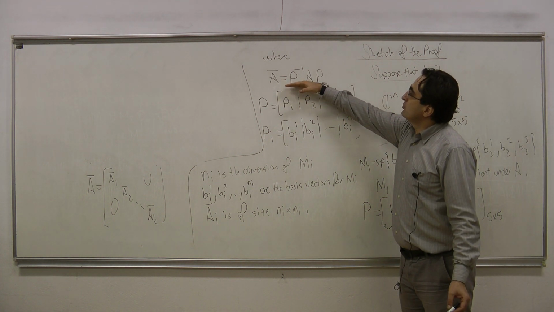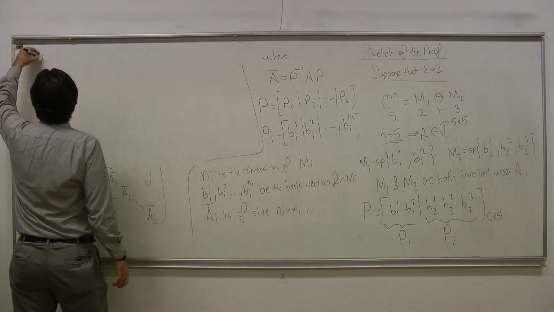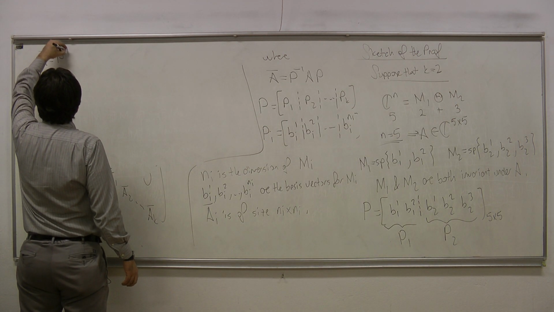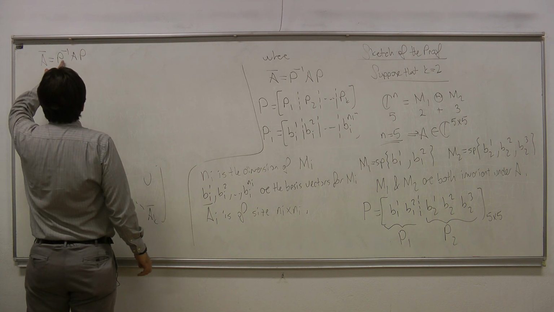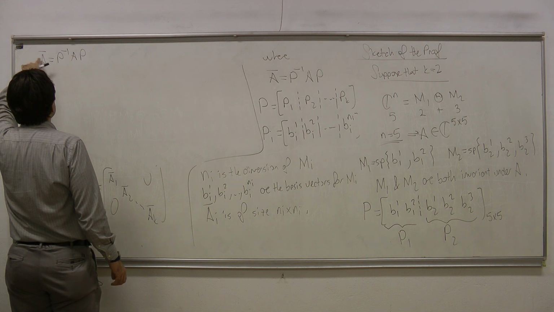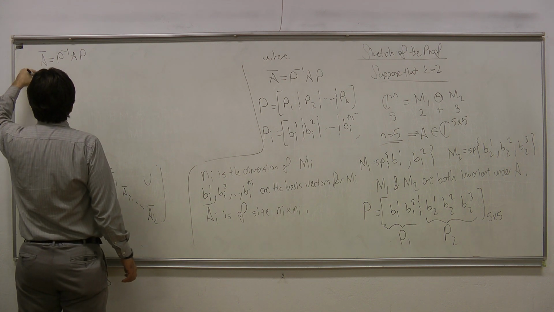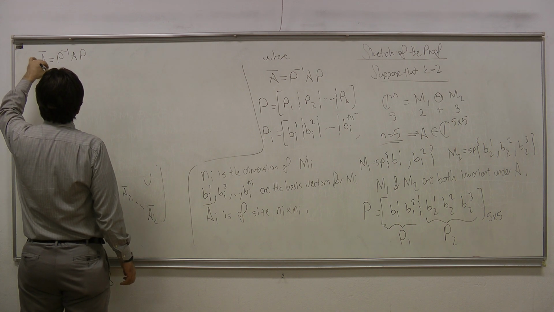Instead, we are going to use this equation in another form. Here, A bar is P inverse A P. I will take this P inverse to the left-hand side by multiplying both sides by P from the left. This gives me P times A bar.